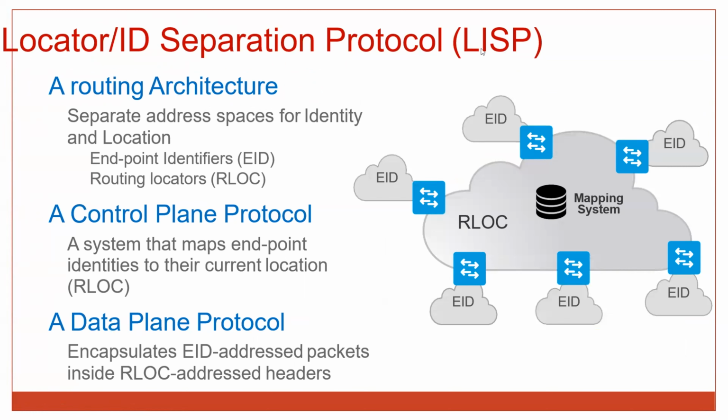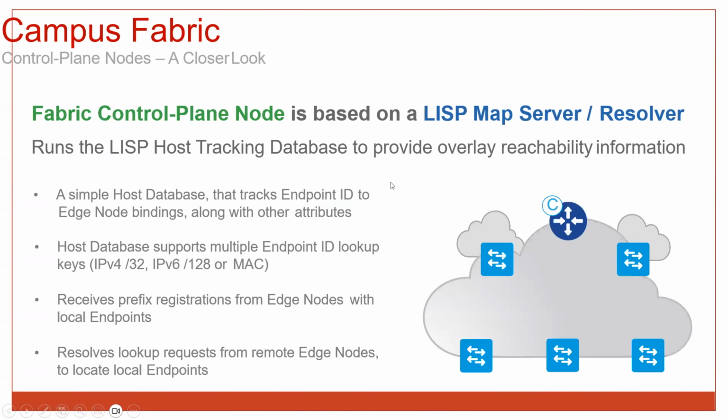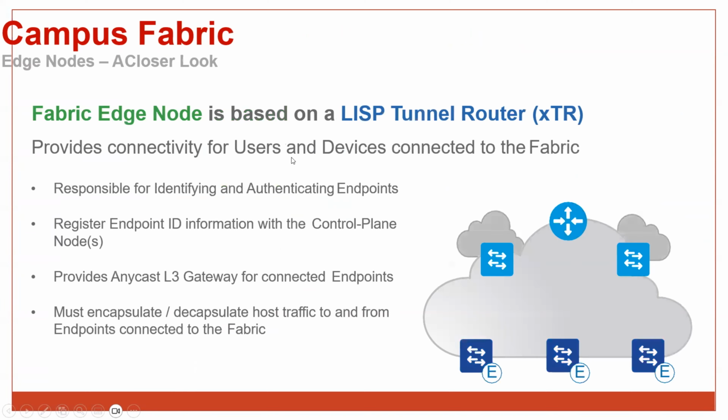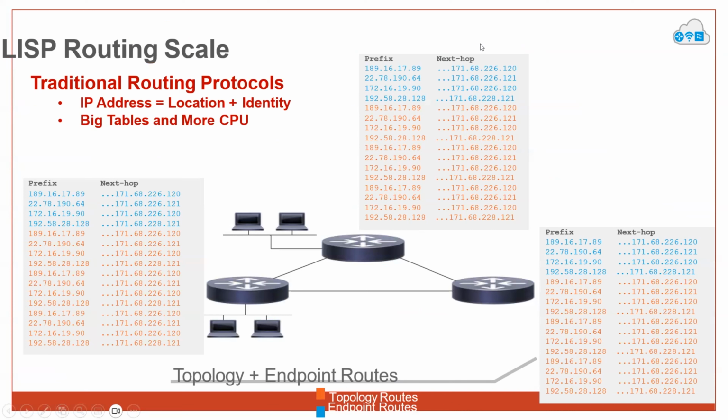What is LISP? Locator and ID Separation Protocol. It is what creates the control mechanism. It works very much like DNS, which has the information for all the endpoints. So LISP is collecting two kinds of information. Let me quickly show you. In any routing table, you will find two different kinds of information. One is your own connected interfaces, which any router has. The other is what they learn from other routers.